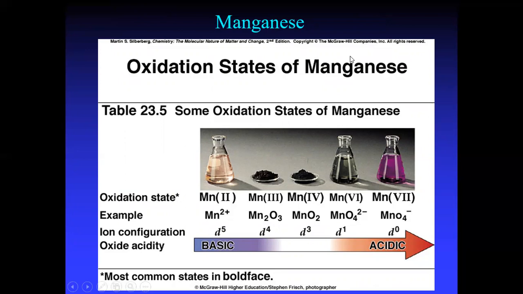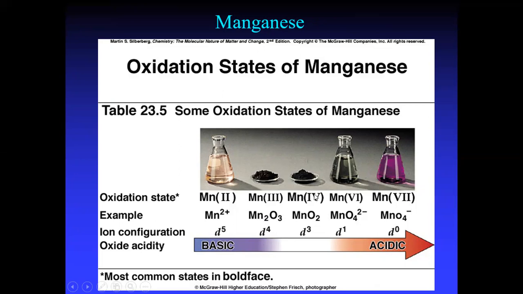Previously, as I've discussed, oxidation states of manganese, here are some of the oxidation states and an example in each case. How the acidity is increasing with respect to these oxidation states. Manganese plus 2, d5 configuration, basically achieves blue. Mn2O3, plus 3 oxidation state, d4.